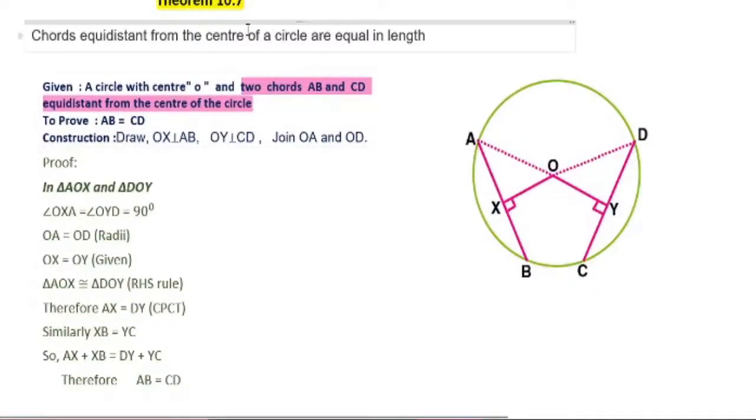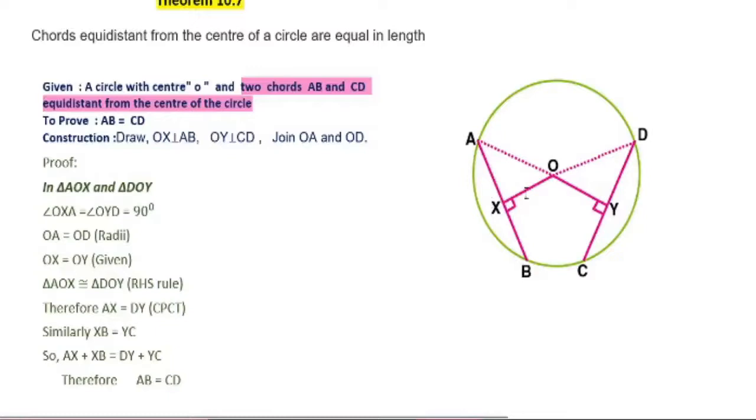Theorem 10.7 is the converse of theorem 10.6. So here the statement is: chords equidistant from the center of a circle are equal in length. That is, suppose in the figure there is a circle with center O, and AB and CD are two chords. It is not given that the chords are equal, only two chords are given, and we have to prove that these chords are equal.